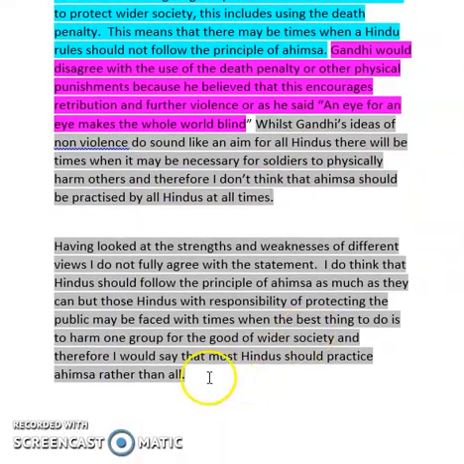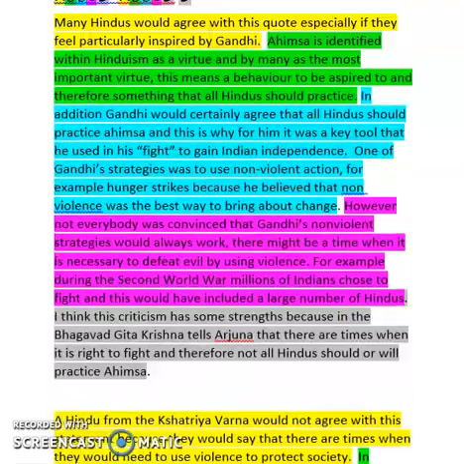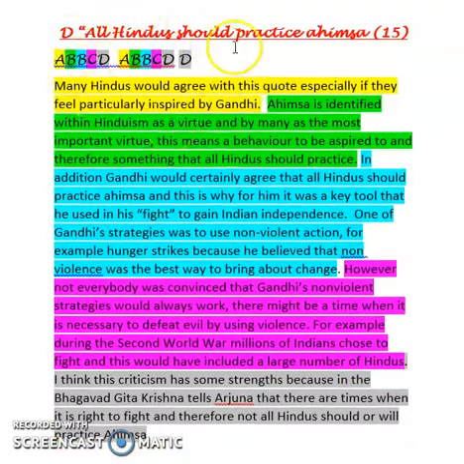And then at the end of my conclusion, I would say that most Hindus should practice Ahimsa rather than all. If it's a question, or a statement rather, that begins with all Hindus or all Christians for paper 2, you want to give the views of different Hindus or Christians rather than giving the view of non-religious people.